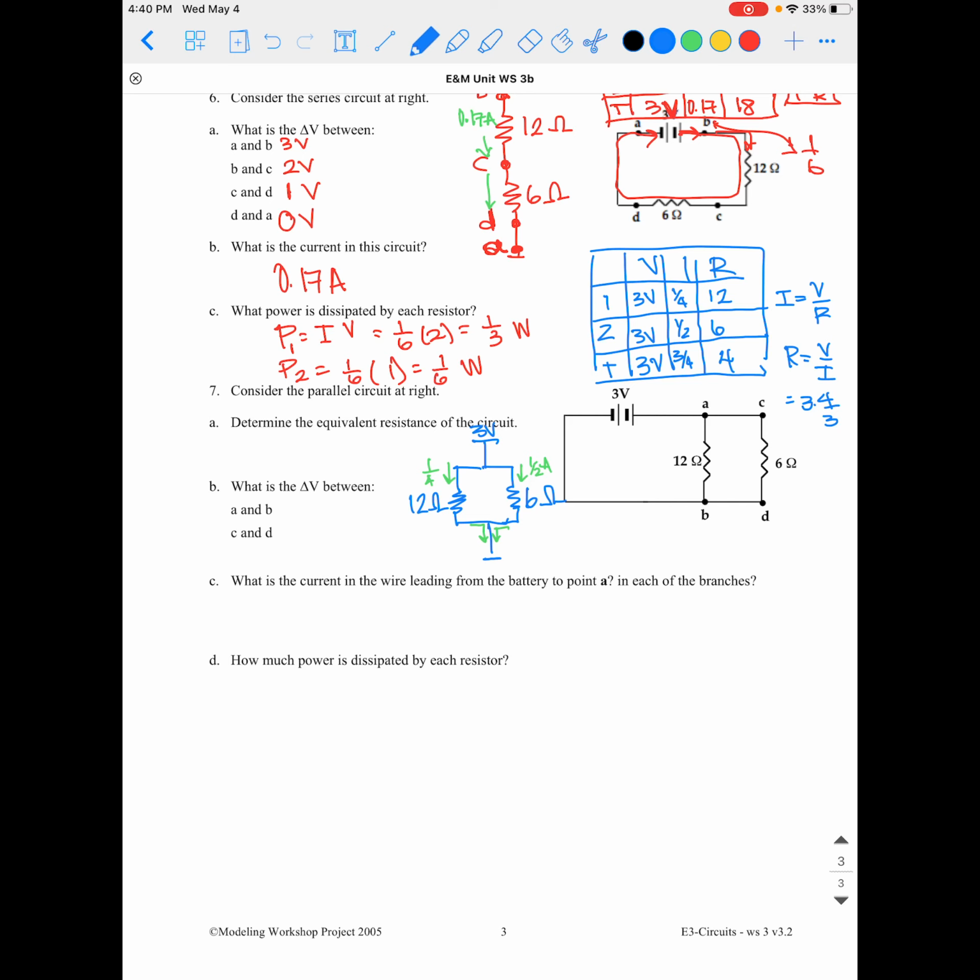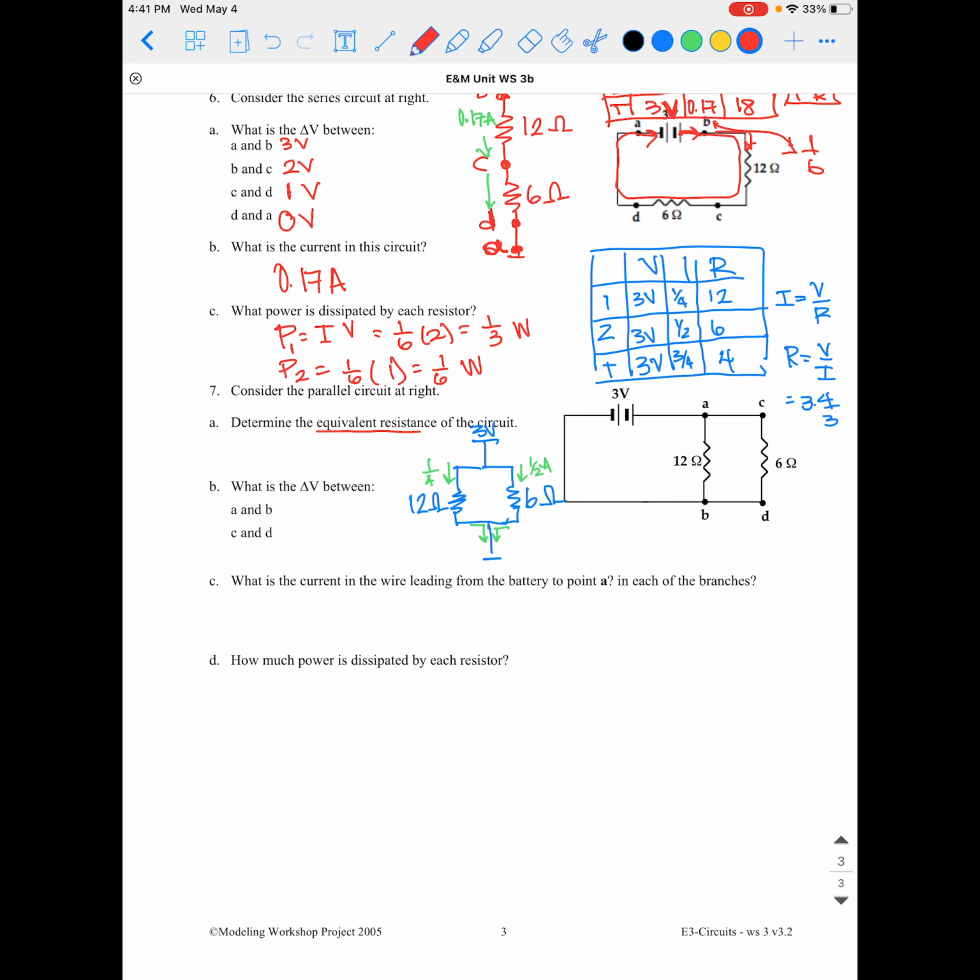Now, there's another way of finding this resistance, and I'm going to go through those steps with you when we get there. And we're just going to check and see if that's our answer. Actually, it's the first question here. It says, determine the equivalent resistance of the circuit. Well, we did it using the VIR chart, but you can't always use the VIR chart to get the total resistance.